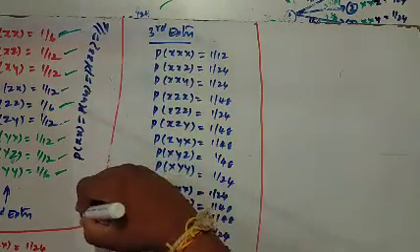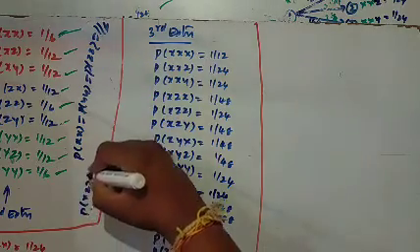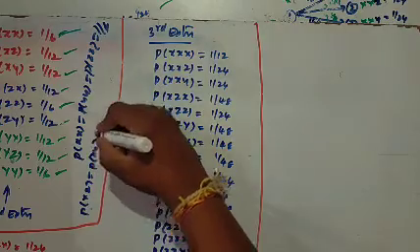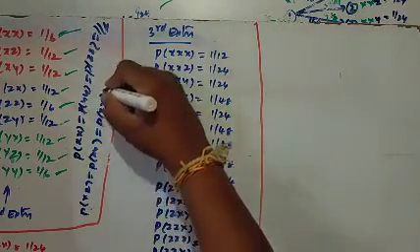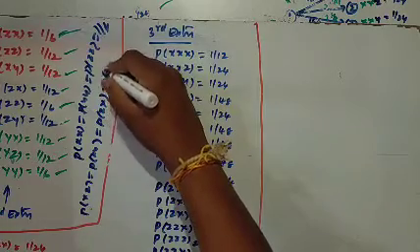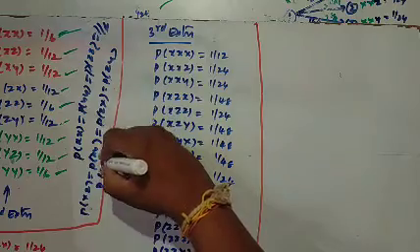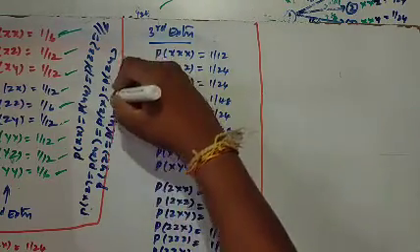And other than that, the probability of xz is equal to probability of xy, zx, zy, yz, yy, that is 1/12.